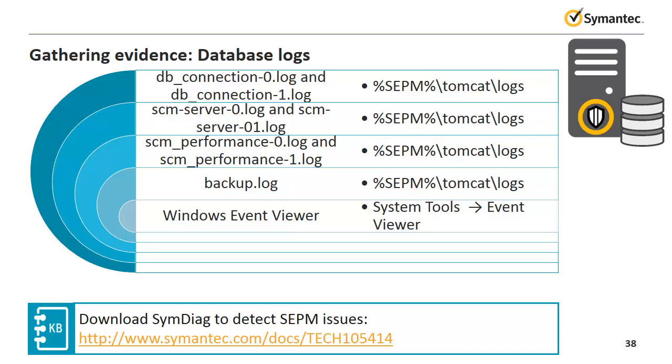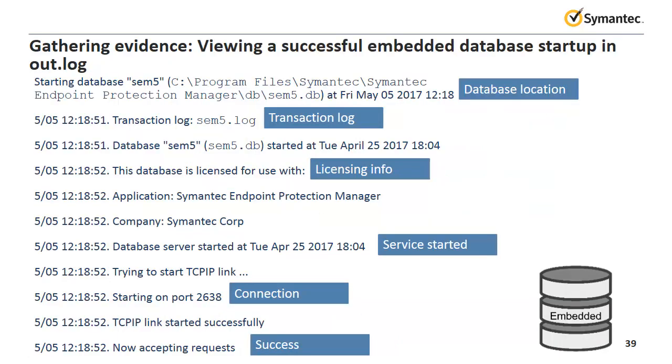Another approach to gathering evidence would be to download SimDiag to detect database connectivity issues. For more information on this topic, see the KB listed on the screen. For embedded database installations, you can reference the out.log. The out.log provides a timeline of what occurs during the embedded database startup.